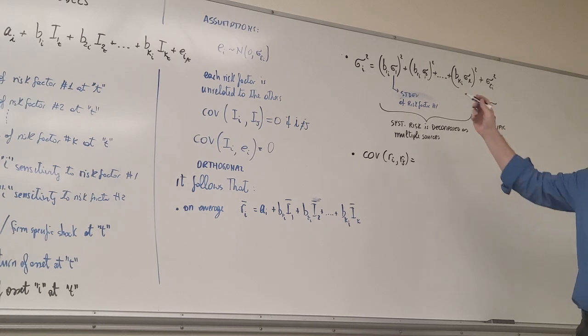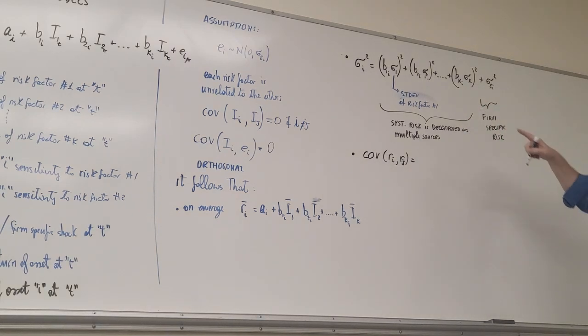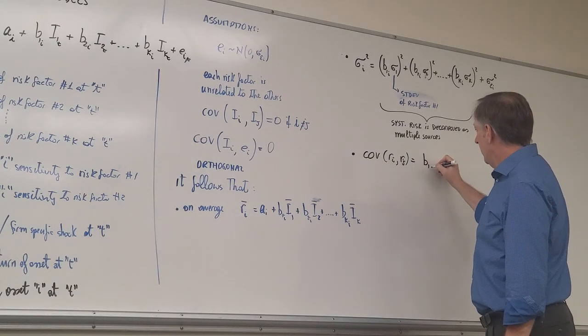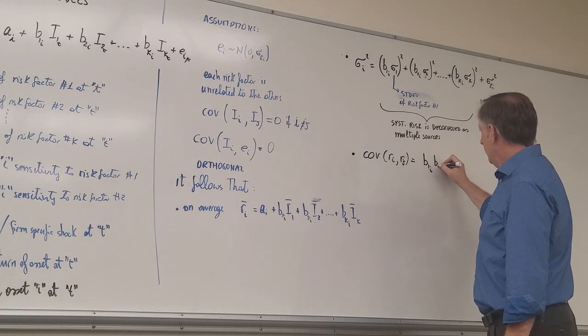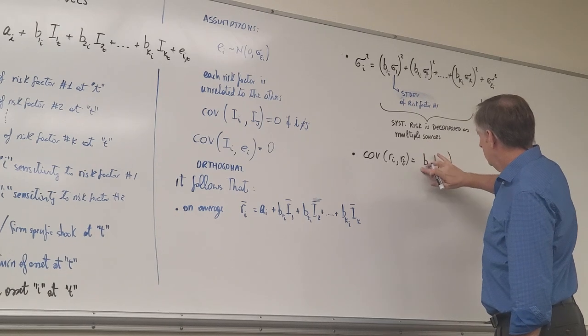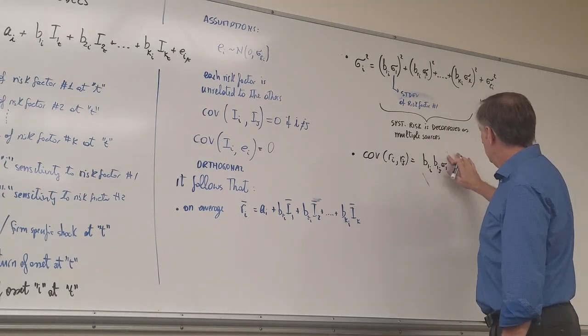Well, somehow you have to multiply the sensitivities just like you did there. So it turns out that the covariance between those two is beta 1 of I, beta 1 of J, sigma 1 squared.